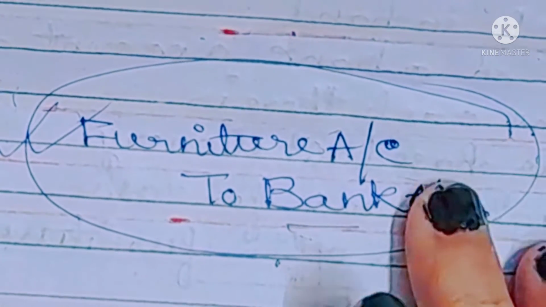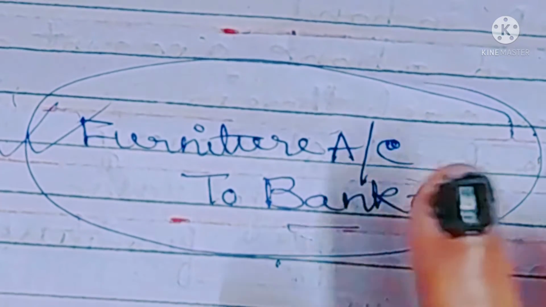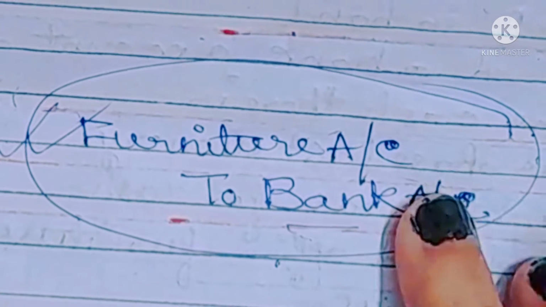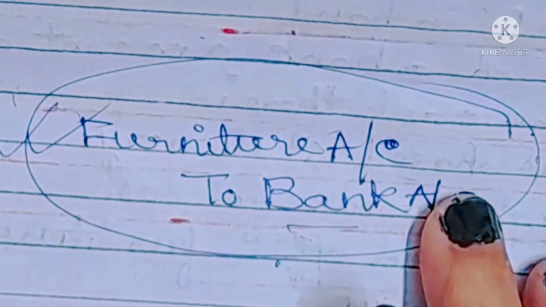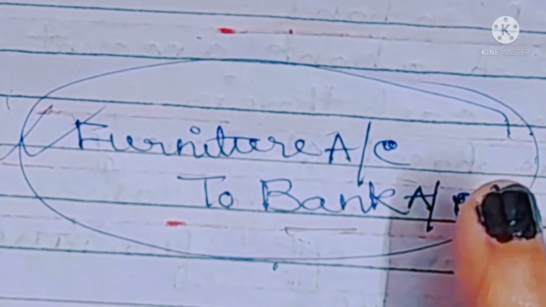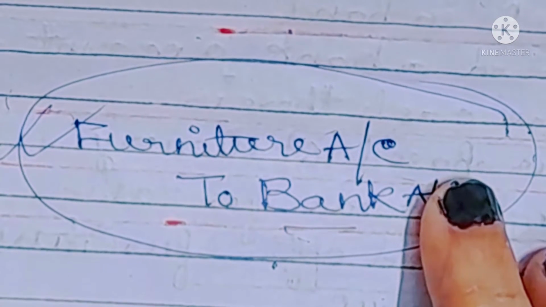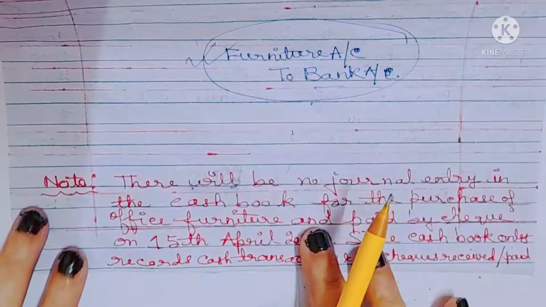So, reason ta to jante hobe. I've already told you, single column cash book does not record checks received or checks paid. But what is the reason behind it? This is the reason. Instead, you'll have to write a short note below the single column cash book. So, what will you write? See.